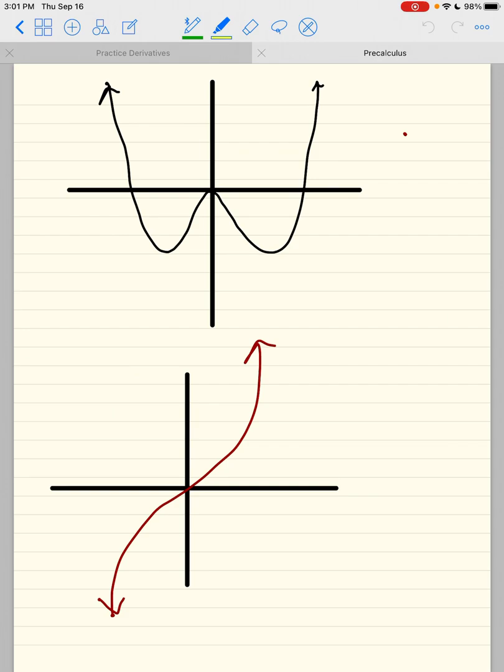In this picture, here is the y-axis. Since this can get flipped right around the y-axis and look exactly the same, there's a mirror image. This is what we call an even function, okay?